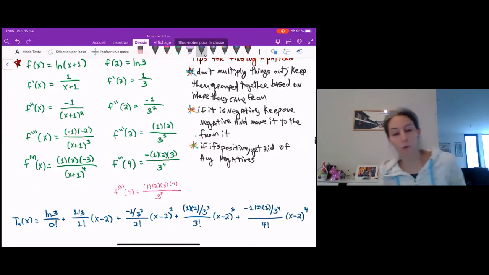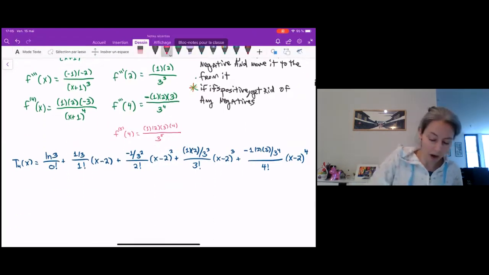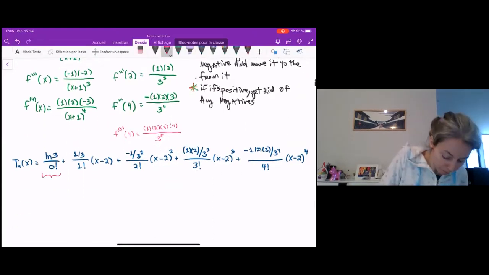There we go. That's our 4th degree Taylor polynomial. Now, the first thing I notice is that ln 3 really seems to have nothing to do with the pattern.